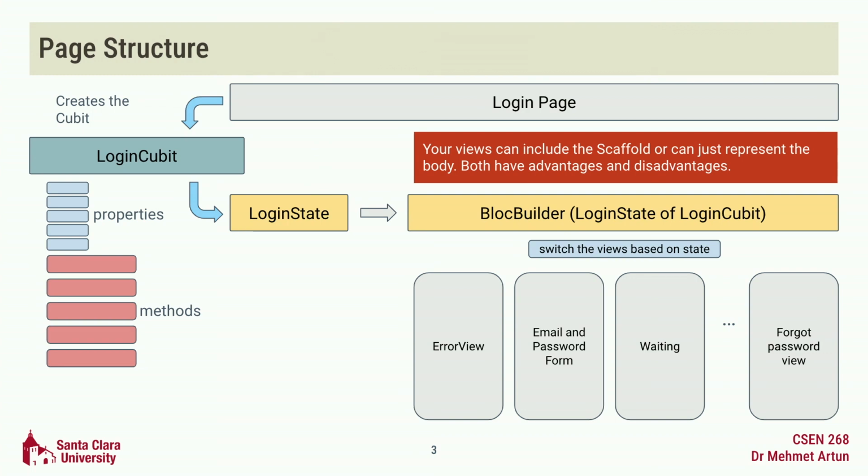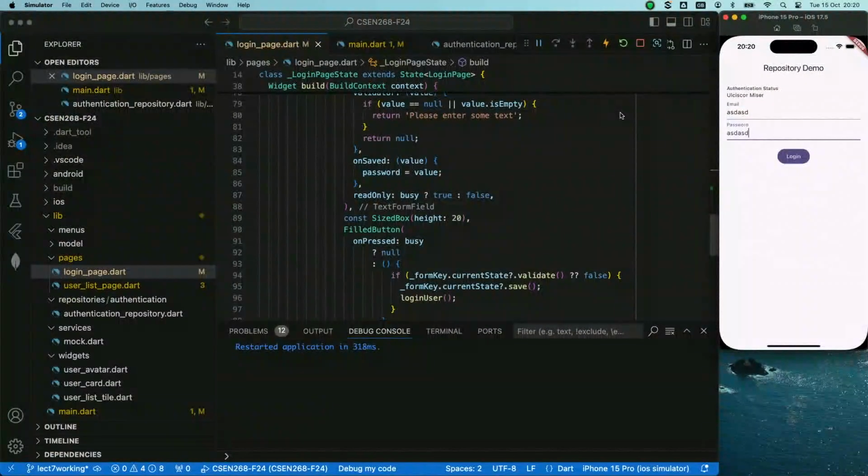So if we look at this, this is my scaffold, right? It has this thing up on there. It could have bottom navigation buttons, etc. It could have a lot of things. And what I could be changing would be just the body in the same scaffold, or I could be changing the scaffold every time.